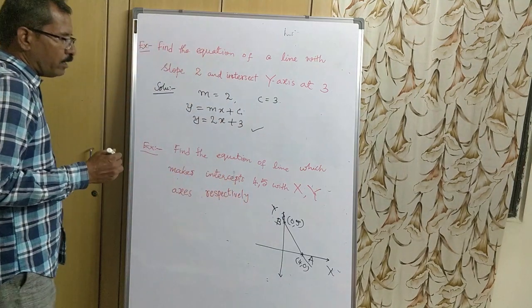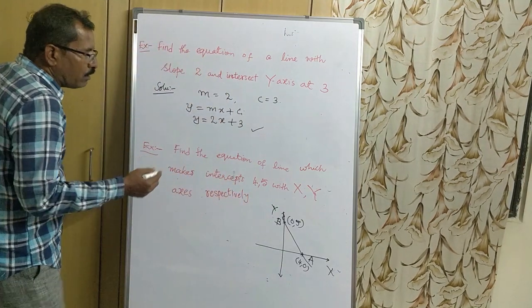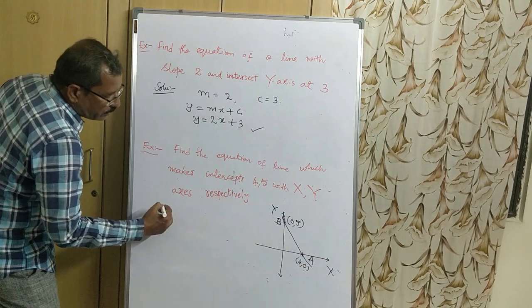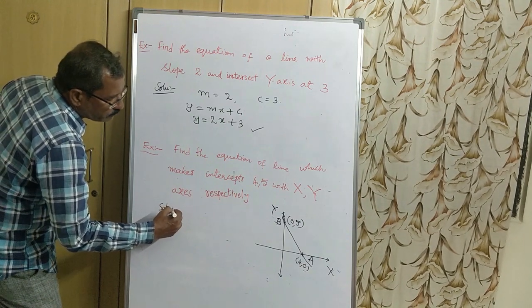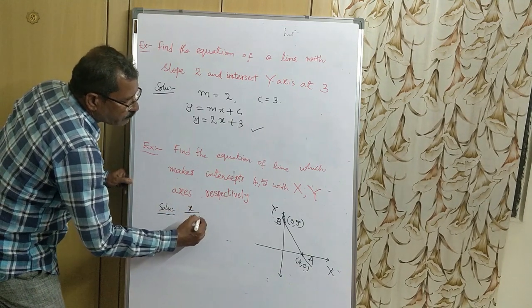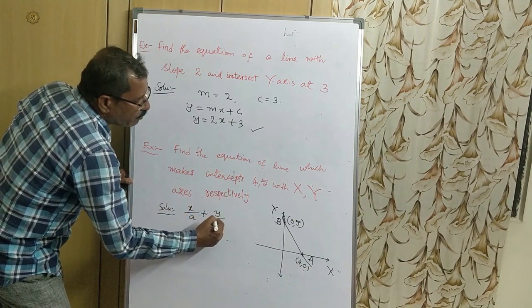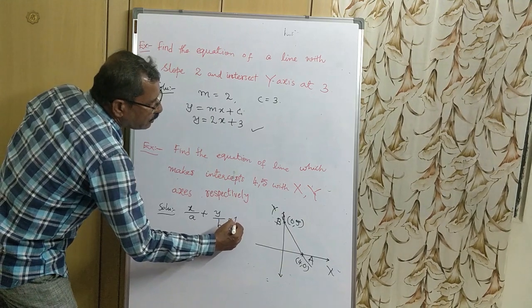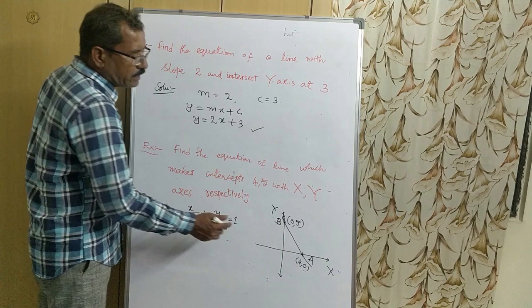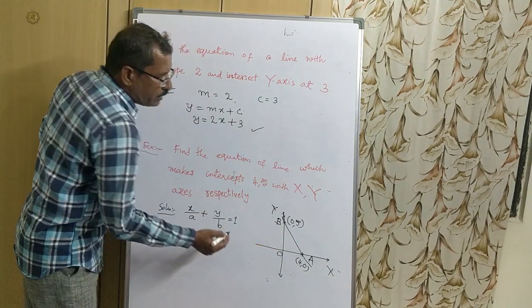Right? What is the intercept form of the straight line? That is x by a plus y by b is equal to 1. What is a? a is the x-intercept and b is the y-intercept.